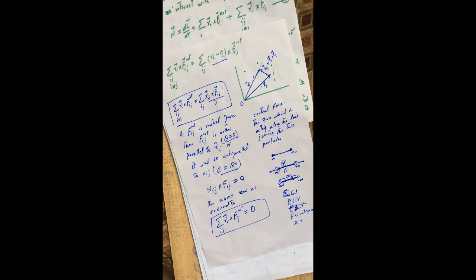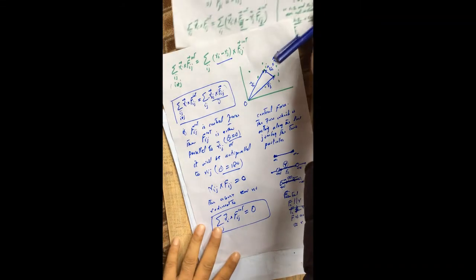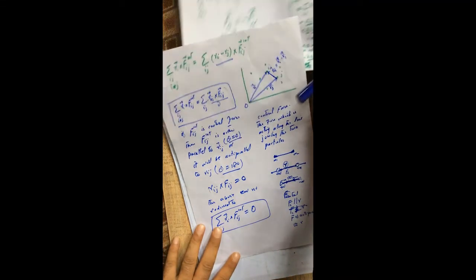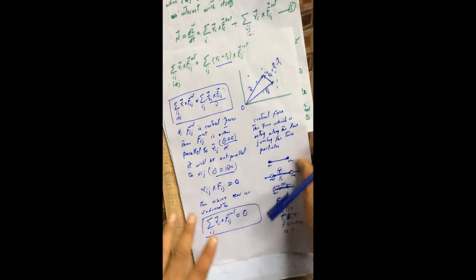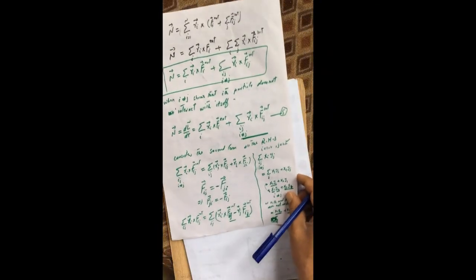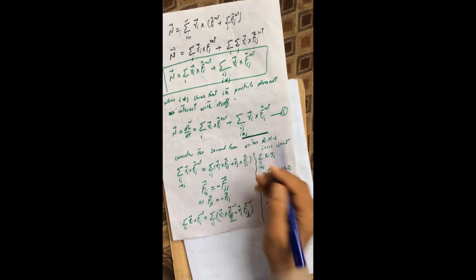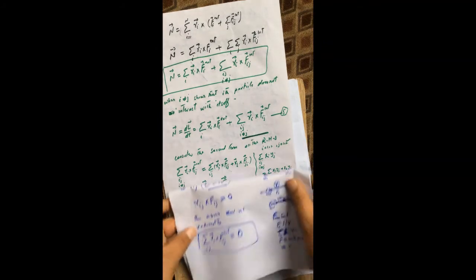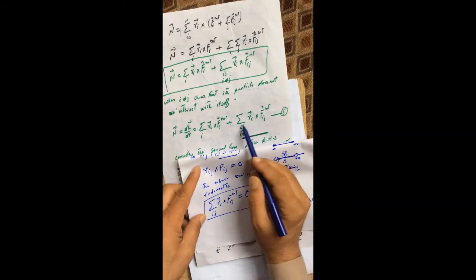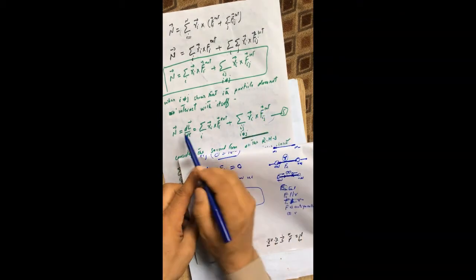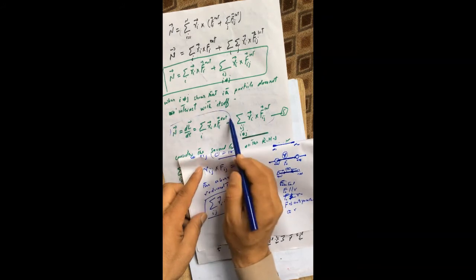Now my equation number 5 is this one. Now we simplify this term, and from the simplification we got this term equal to 0. So I am left only with this one.